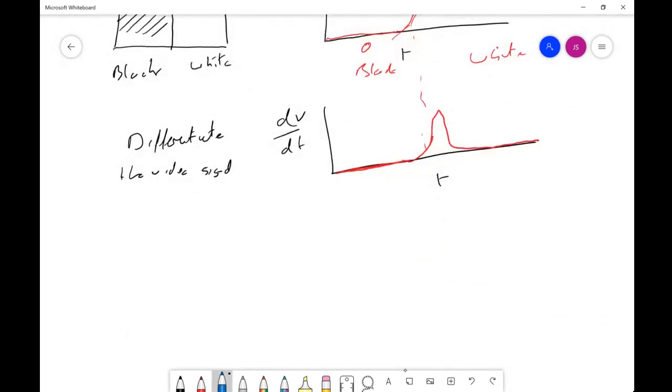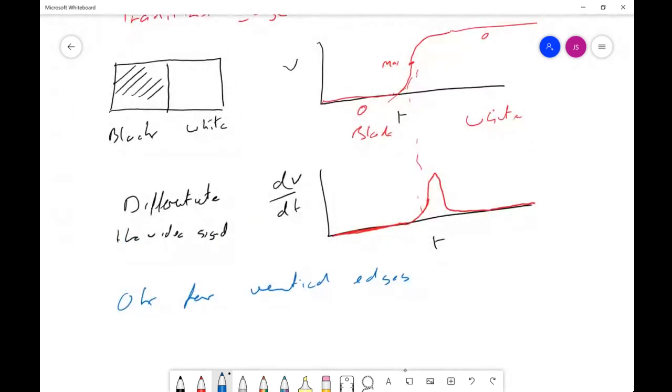Now, thinking back to image processing 20, 30 years ago, that was okay for vertical edges, because the scan on an old-fashioned TV was horizontal, and differentiating that will give a horizontal scan across there, which will give the vertical edge.